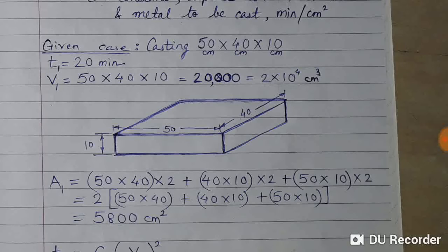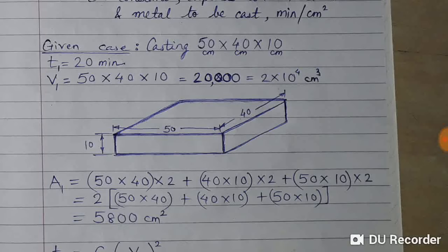So I have written 50 into 40 into 2, meaning the top surface and the bottom surface. Similarly, on the right side we can see 40 and the thickness is 10, so the area will be 40 into 10, and such will be two places, this side and the opposite side. So 40 into 10 into 2, because there are two faces with these dimensions.